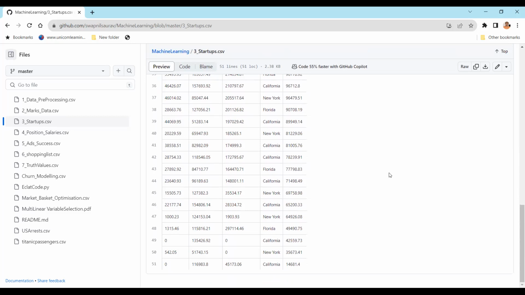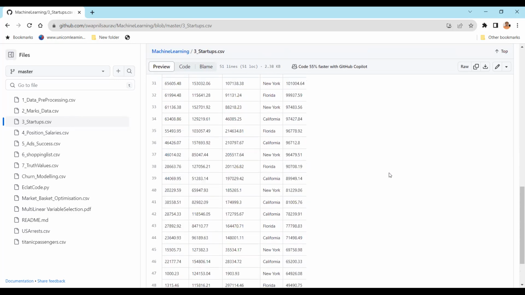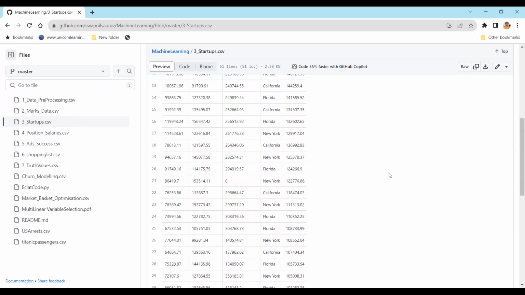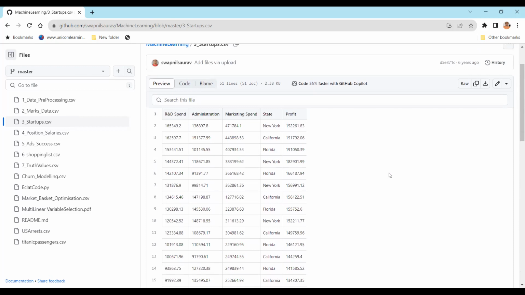There are some missing values here. Where is the missing value? 0. There will be no spend done on that. 0 is not a missing value. Missing value is not 0. So which processes will you follow?